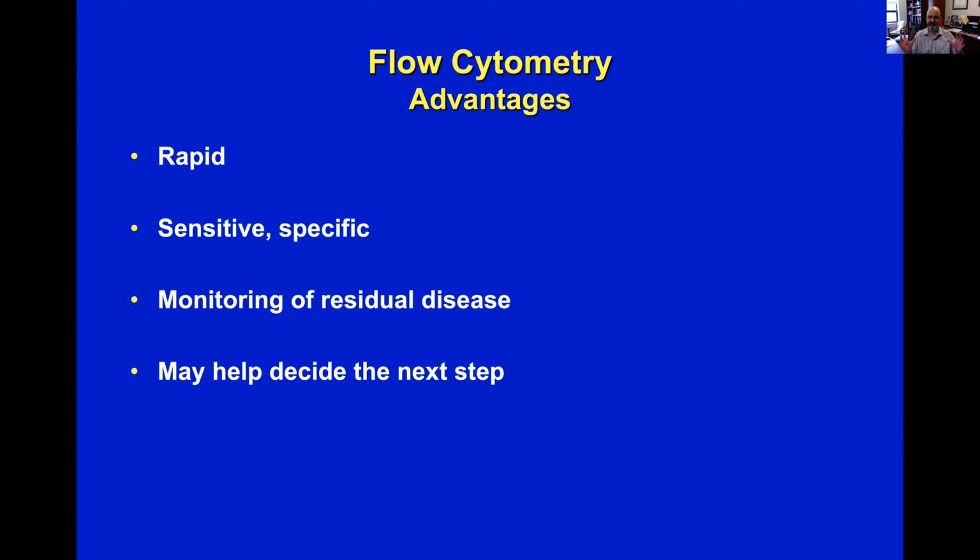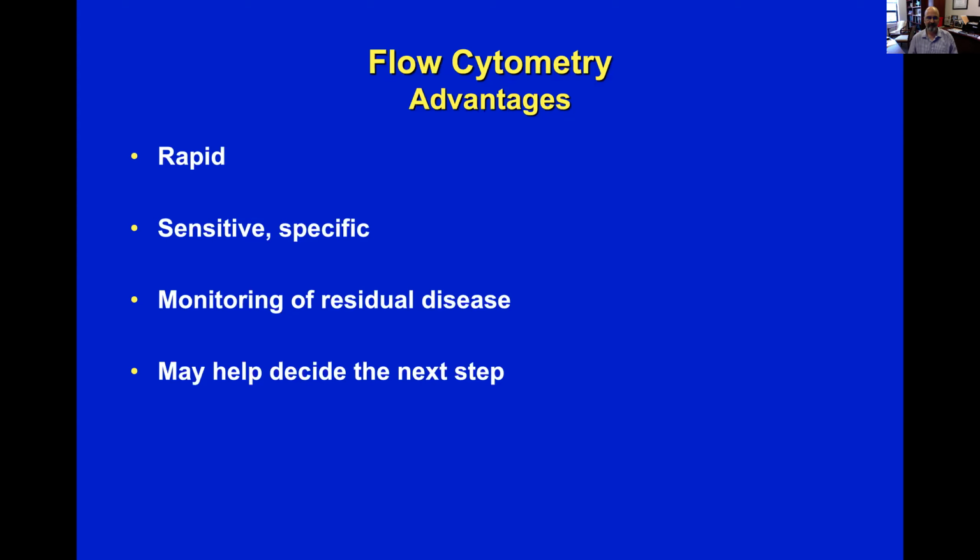Or if you're integrating that information into a bigger report, then at least have that information there to be integrated later. Flow cytometry is a very sensitive, very specific diagnostic test. Of course, it is great in monitoring of residual disease, minimal residual disease. And this in itself is a big chapter. What's the best way to approach? In some situations, it might be another test.